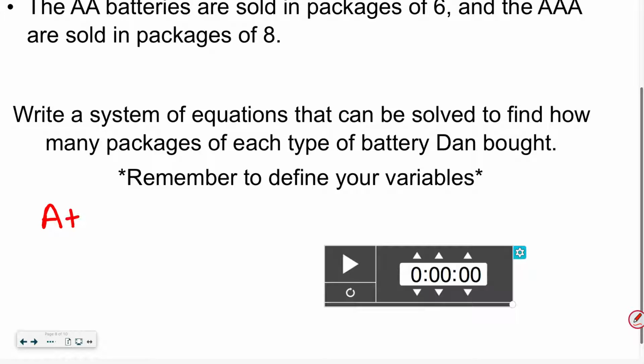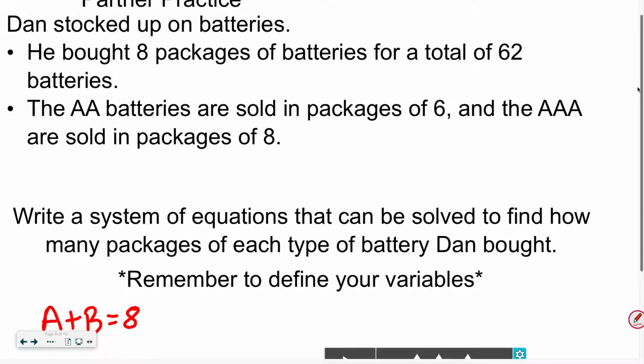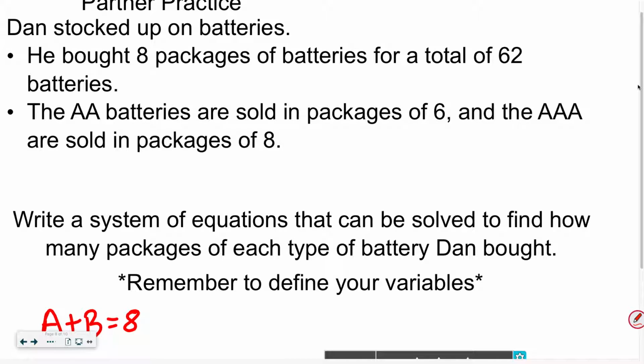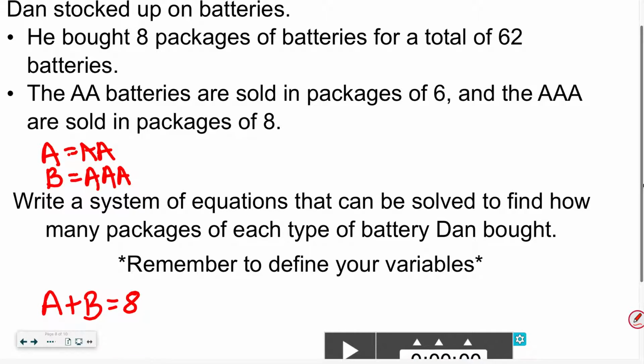But what is A and what is B? A is the double A and triple A is B. Okay, so A is double A. And this matters because if at the end you switched it, your entire system would be different. And B is triple A. Alright. So we have A plus B equals 8.